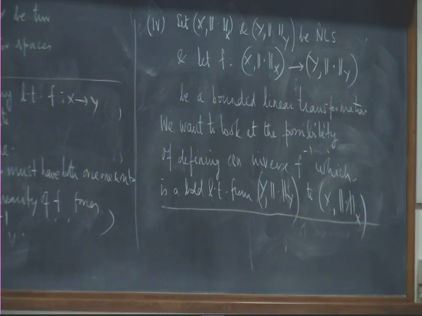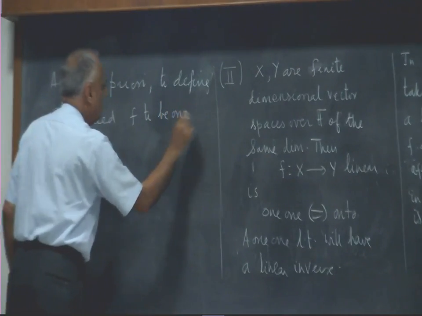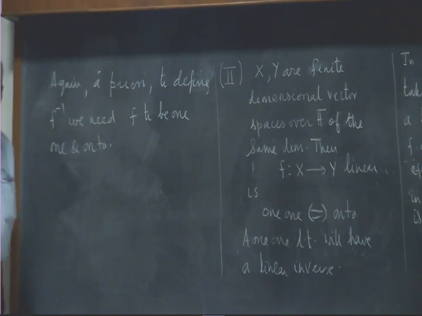So let me now write somewhere. I have exhausted all the boards, so I will get back to the first board. Again, a priori, to define f inverse, we need f to be 1-1 and onto.